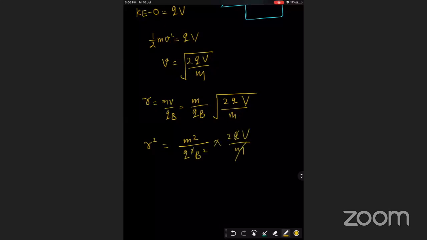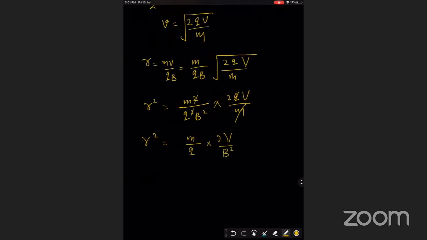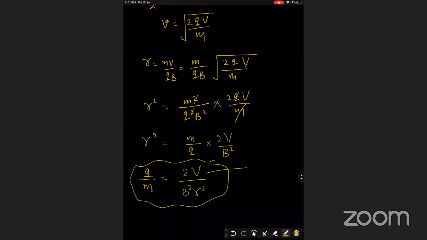So one q got cancelled, one m got cancelled. R square is equal to m upon q into 2V upon B square. Do you want mass or charge by mass? Charge by mass. Okay, let's calculate charge by mass. You will get q by m equals 2V by B square R square. What is this capital V? Accelerating potential.